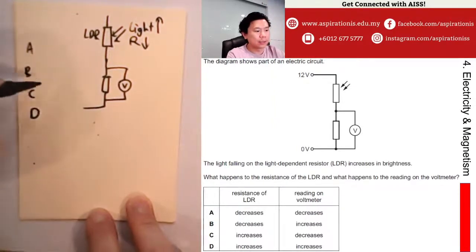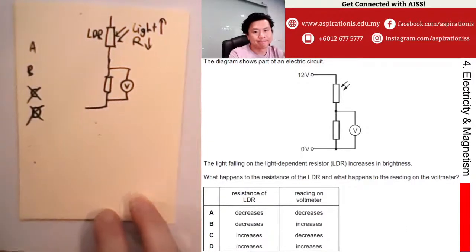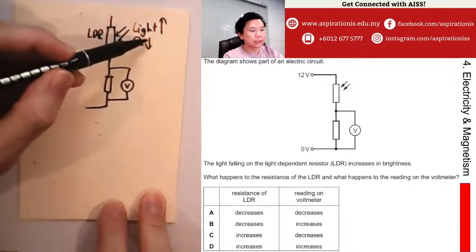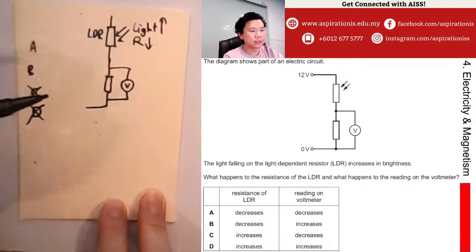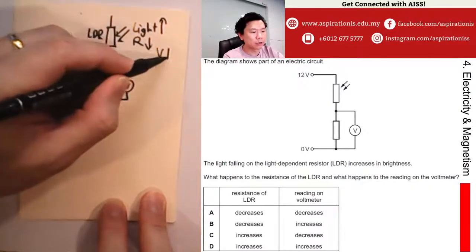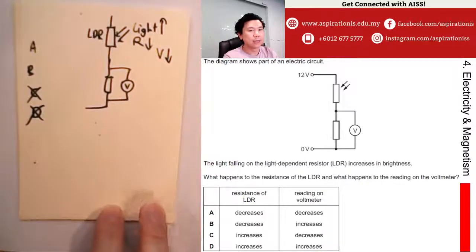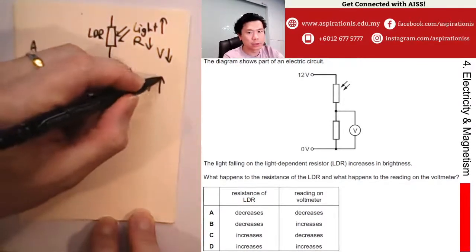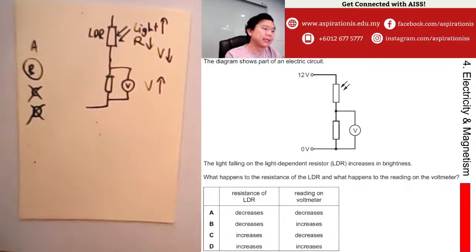So immediately we know the answer is not C and not D, because we know that when light intensity increases, definitely the resistance of the LDR goes down. And if the resistance here is decreased, the voltage across the LDR is less because there's less resistance. So therefore the voltage here increases, and that's why the answer is B.